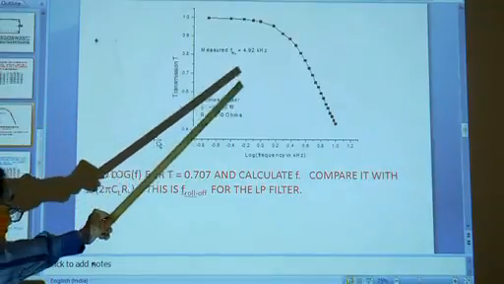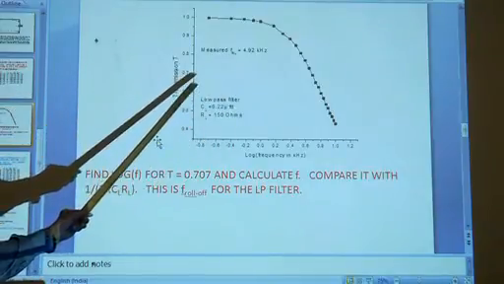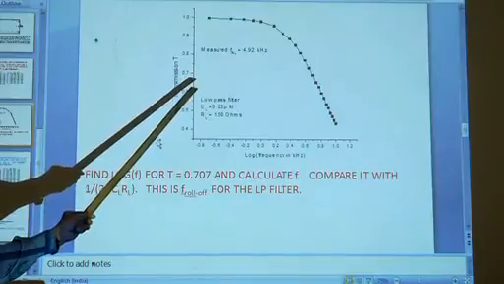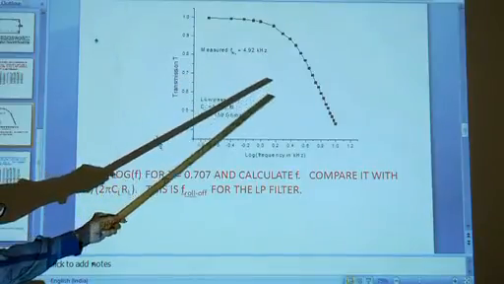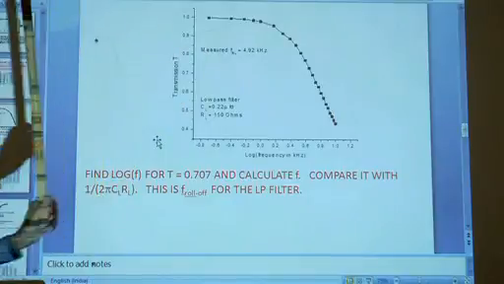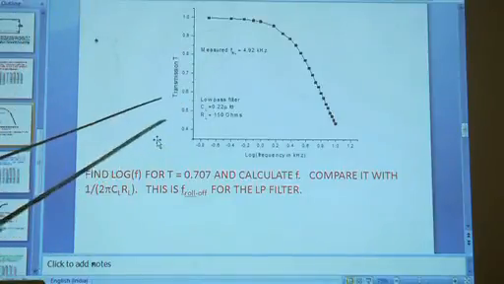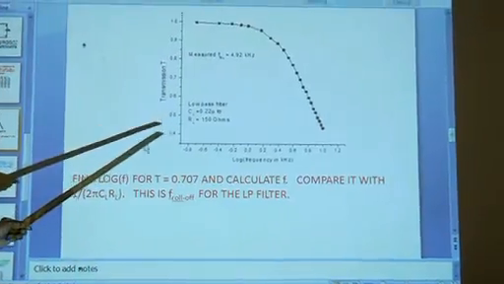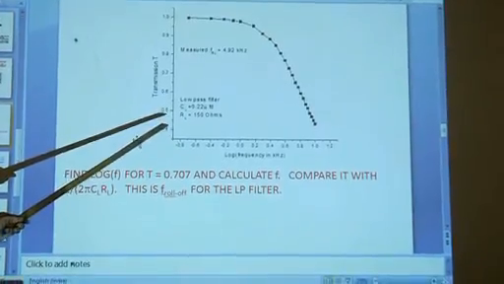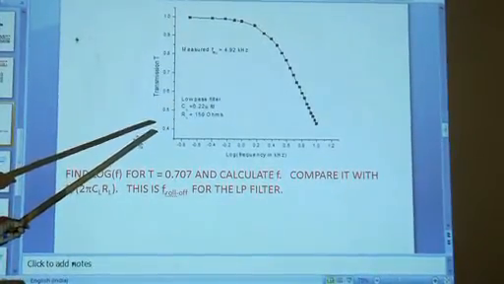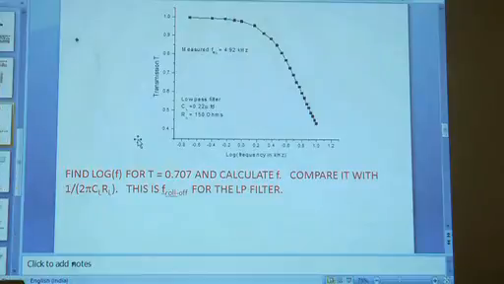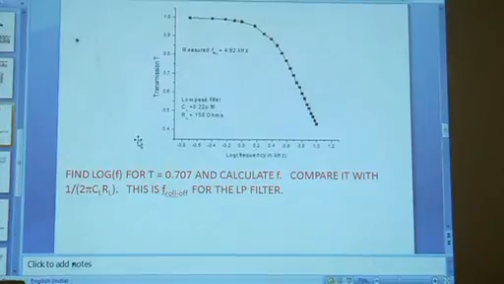You can measure the frequency at 0.707, and that is 4.92 kilohertz. You can calculate that frequency because CL is 0.22 microfarad, RL is 150 ohms.